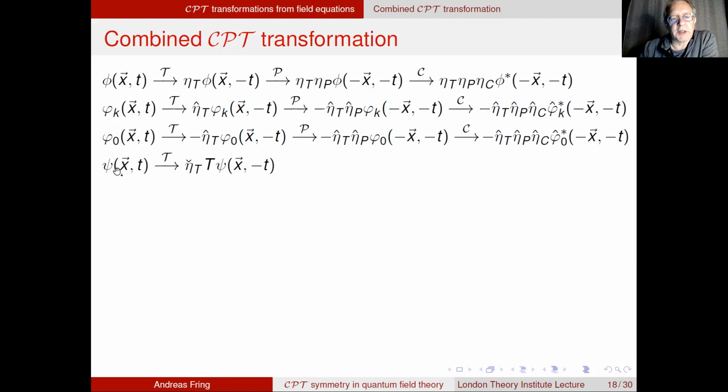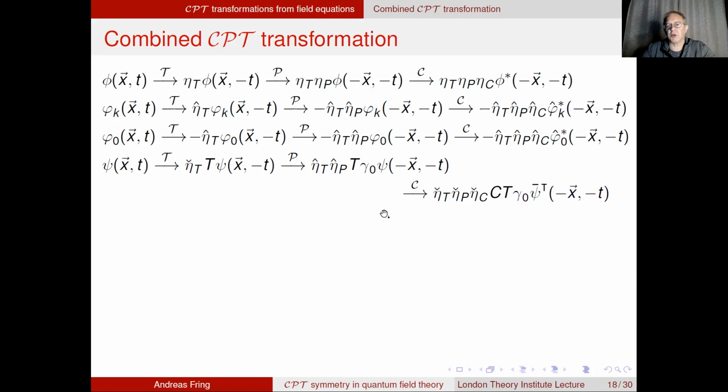So if I time reverse the spinor field, I would reverse the T and multiply the spinor field by the matrix T. Now we carry out the parity transformation, which multiplies by some eta, again, eta P in this case, and we reverse the space, and the charge conjugation carried out at the end will replace the spinor by its adjoint.